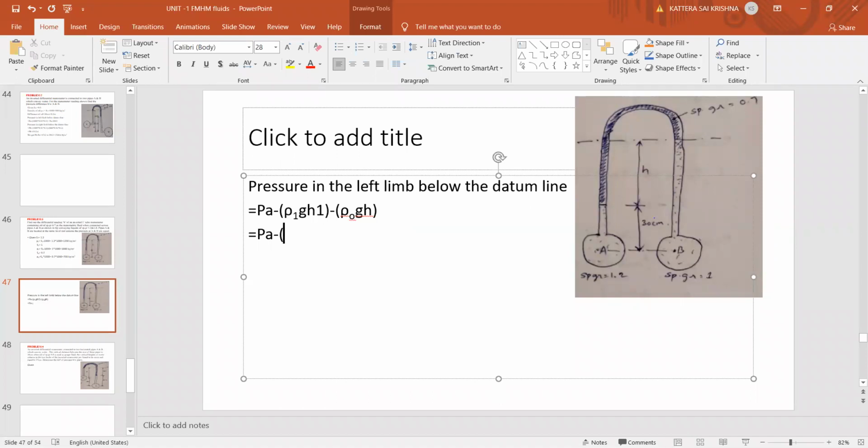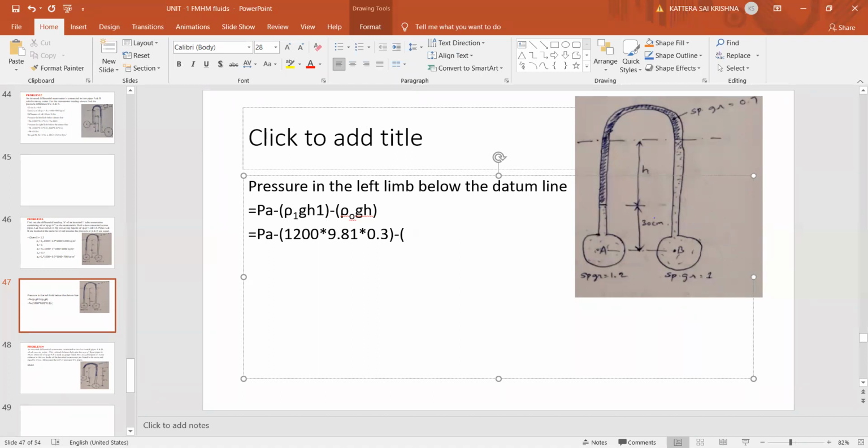What is rho 1 for the first fluid? 1200 into 9.81 into H1, the height of this fluid, 30 centimeter, so 0.3 meter. That is the first term. Next, minus. Tell the density of oil.